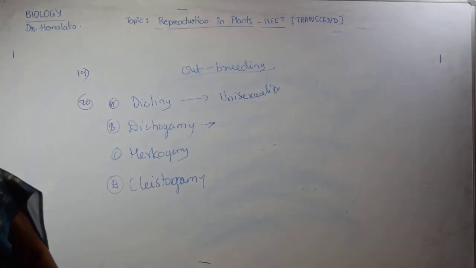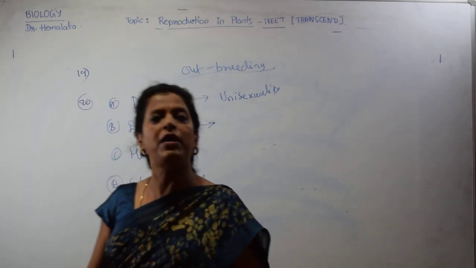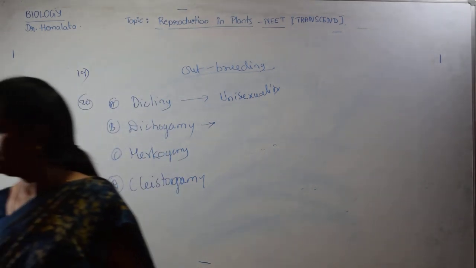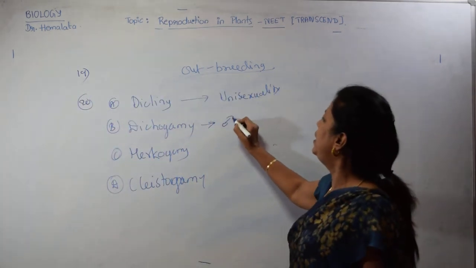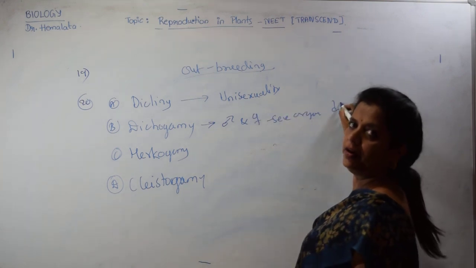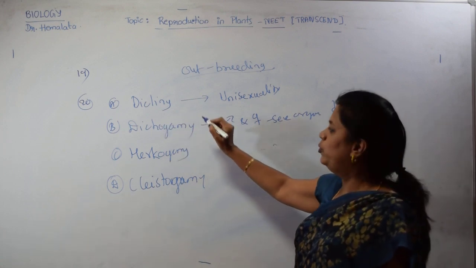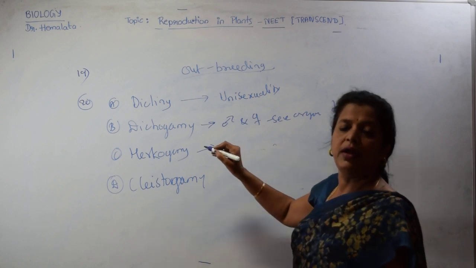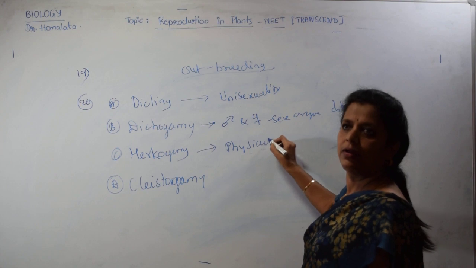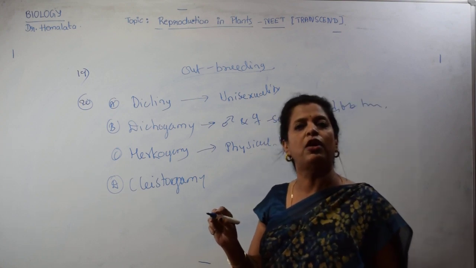Dichogamy refers to bisexuality, but the male and female sex organs mature at different times. Therefore, dichogamy is also an outbreeding device. Herkogamy is the condition in which a physical barrier is brought between the male and female sex organs.